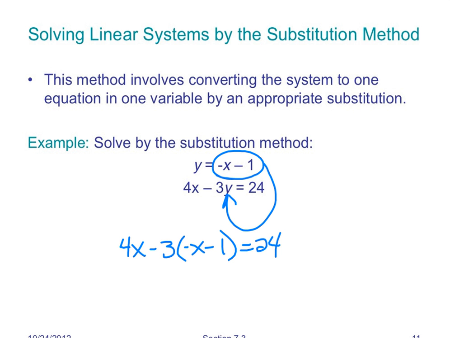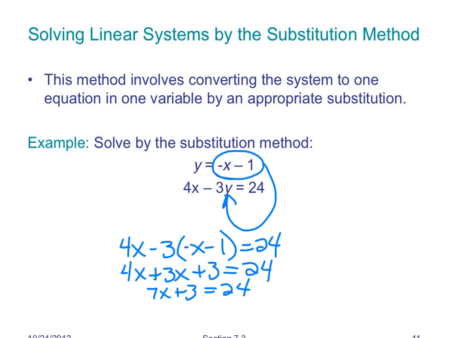I have the -3 with the parentheses. It has to be distributed. So 4x, -3 times -x is positive 3x. -3 times -1 is positive 3. Combine like terms, 7x plus 3 equals 24.